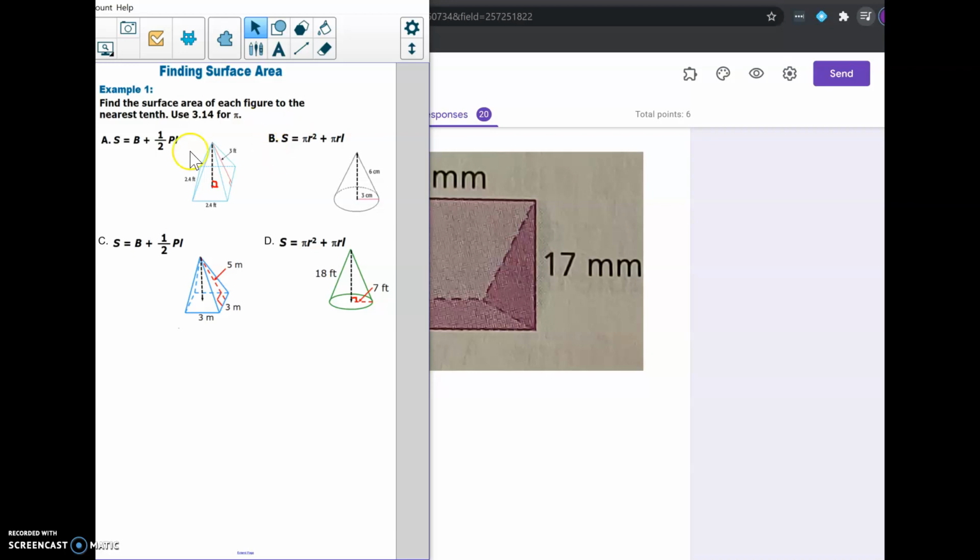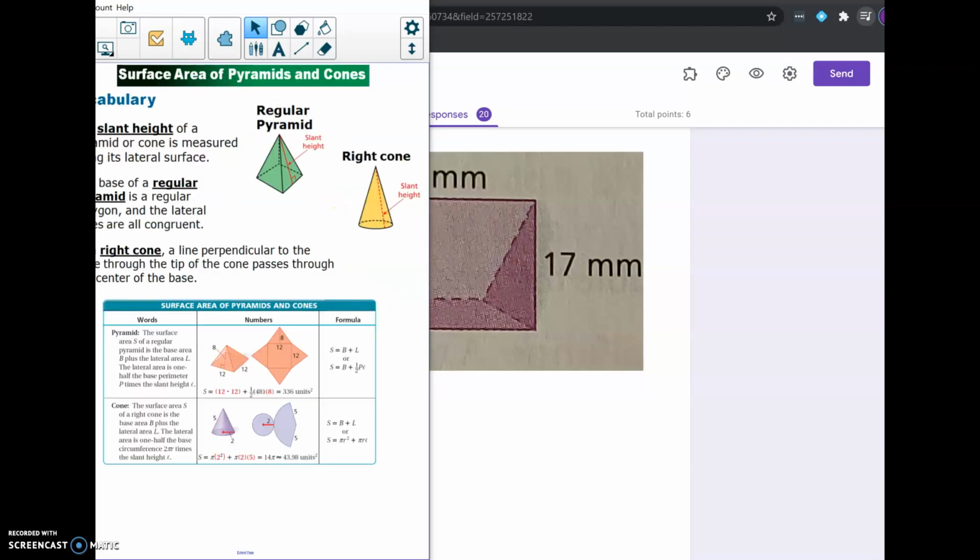Okay? All right, so what we're going to do today is find surface area on pyramids and cones. On the printed notes, it goes through how to do it. It's the same generic formula for pyramids and cones, and then on your formula sheet, which you might want to take out now, along with your calculator, I broke it down to be more specific to a pyramid and then to a cone.